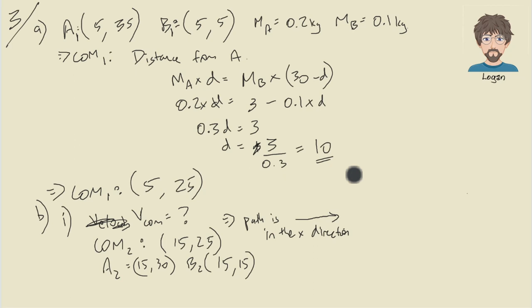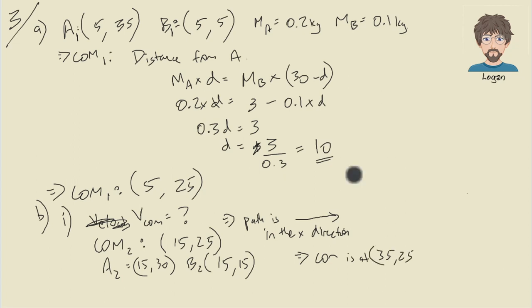But if we make that assumption, then the centre of mass, when they're at location 3, which is actually location 4 when you think about it, so when B is at B3, is directly above that on the same line, so it's at 35, 25.